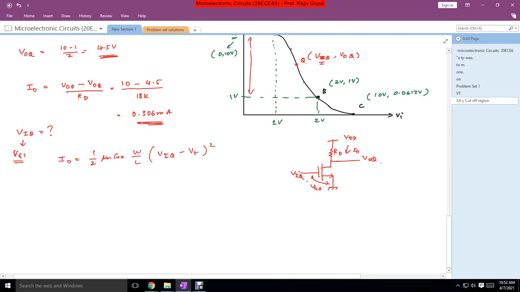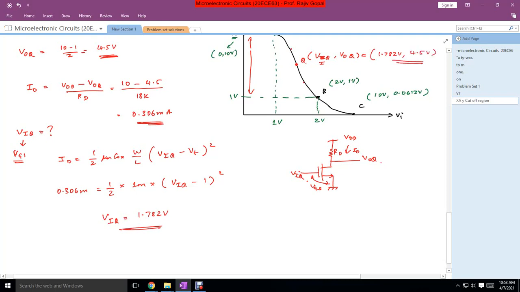So 0.306 milli is equal to half into 1 milli into VIQ minus 1 whole square. If you solve this, you get VIQ equals 1.782 volts. So the coordinates of this Q point is actually 1.782 volts comma 4.5 volts.